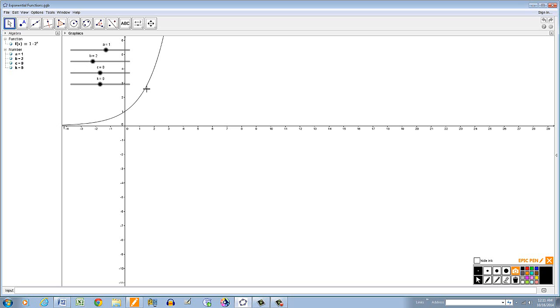Basically, this is defined as y, or f of x, equal to a b to the x minus c plus k. So these are the parameters. Notice that if I increase the value of k, so if I move it, over here what we have is 2 to the x plus 1. So if I add 1 over here, it moves the graph up 1 unit.